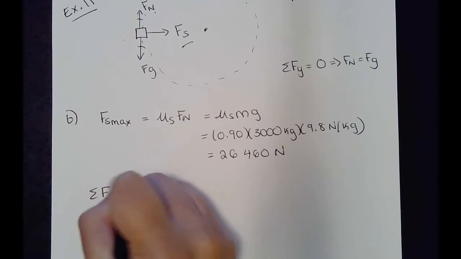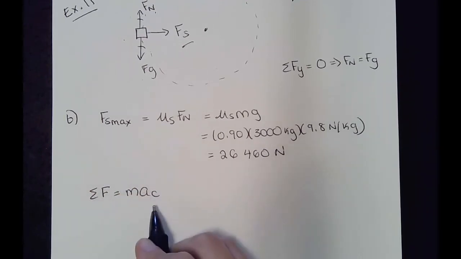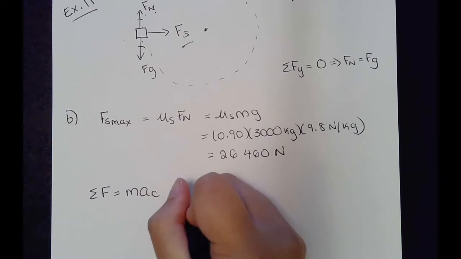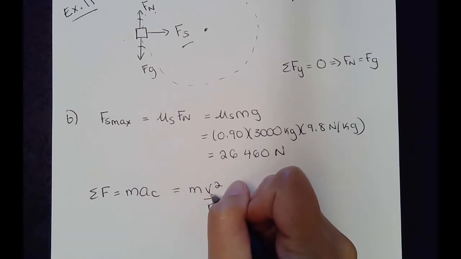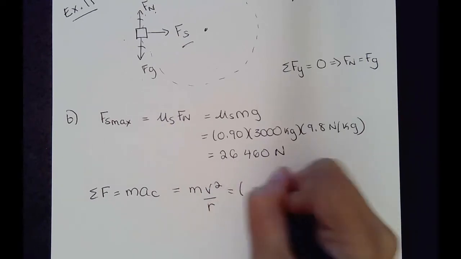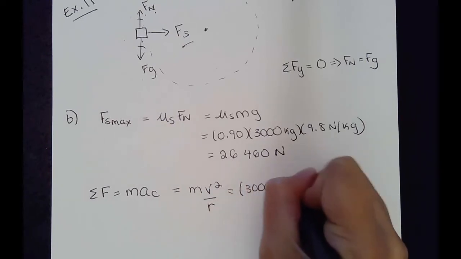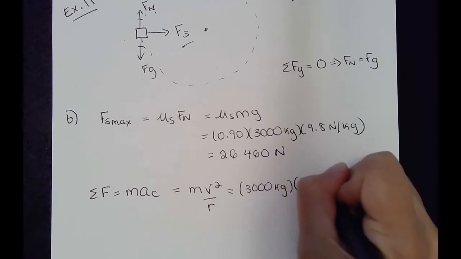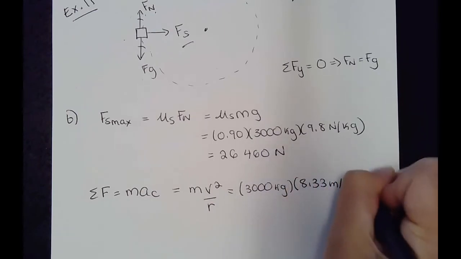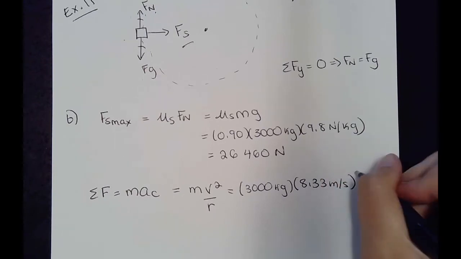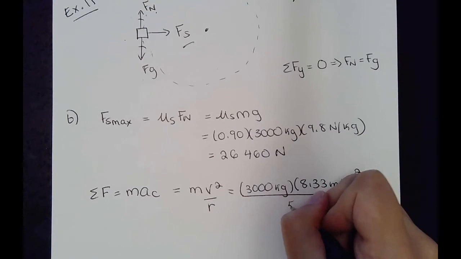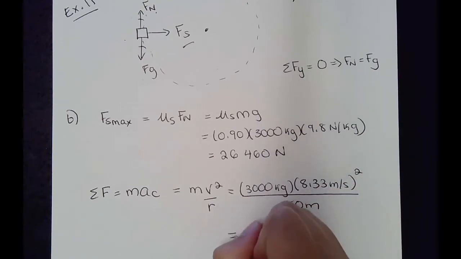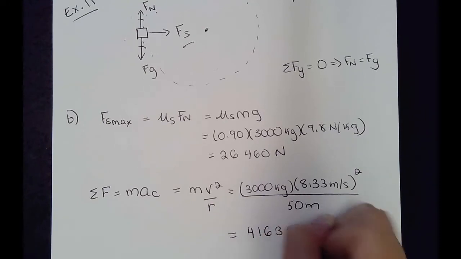What's required is the net force must equal m a_c in order for it to make the turn in circular motion. So m v squared over r, and we have the mass, 3,000 kilograms, times the speed, 8.33 meters per second, which is 30 kilometers per hour converted to meters per second, squared over 50 meters, gives 4,163 newtons.